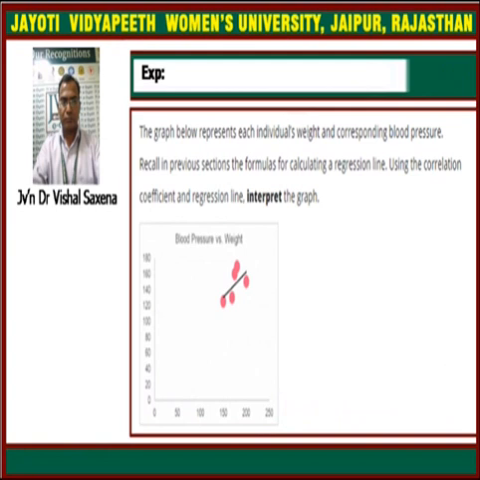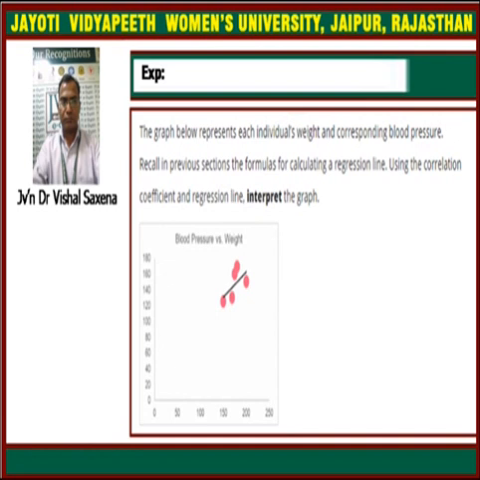Now we take one more question. In this question, the graph below represents each individual's weight and corresponding blood pressure. Recall from the previous section the formulas for calculating a regression line; using the correlation coefficient and the regression line, interpret the graph.